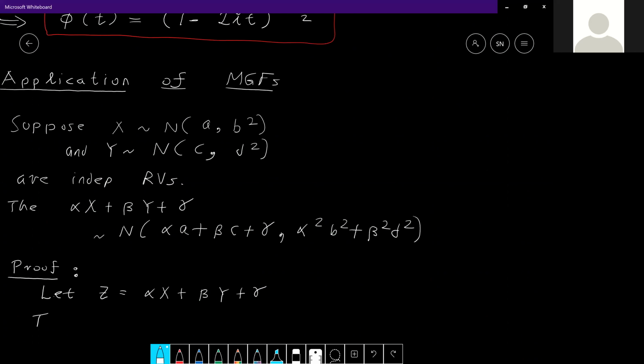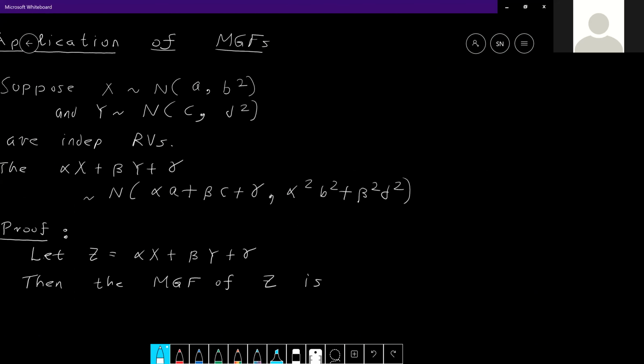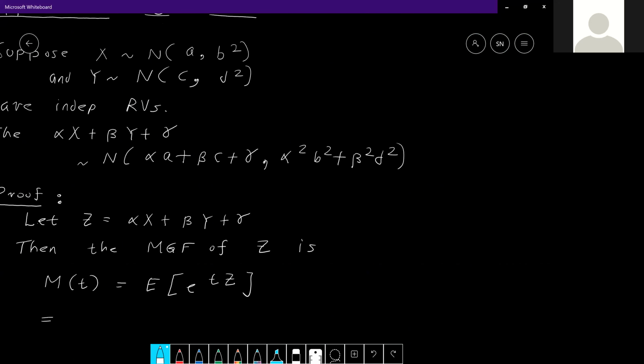Then the moment generating function of Z is M of t equal to the expectation of e to the t Z, which is equal to the expectation of e to the t times alpha X plus beta Y plus gamma.